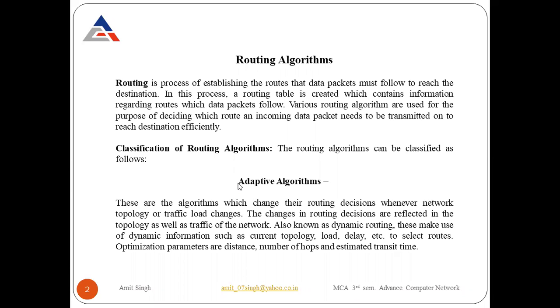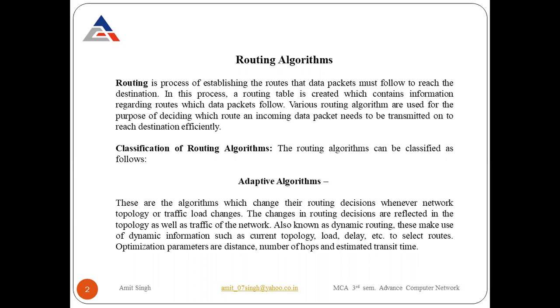Suppose the load is very high on that particular path, so automatically the packets can change their route from this particular route to the other route. This is also known as dynamic routing. The routes are given to the packets, but if there is a jam on the route or the number of packets is very high, these packets can change their route and select an alternative route. All the algorithms that come under this category are known as adaptive routing.